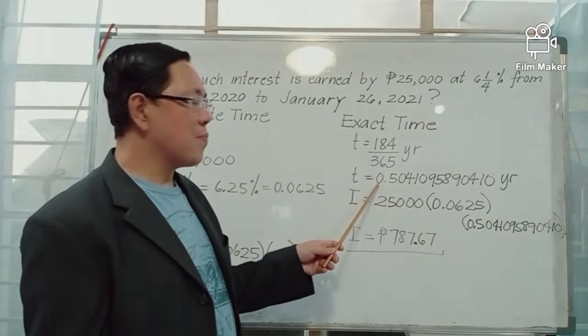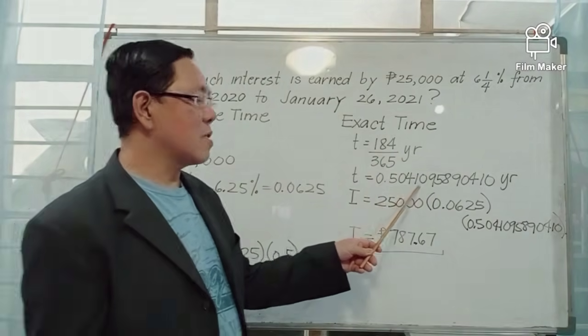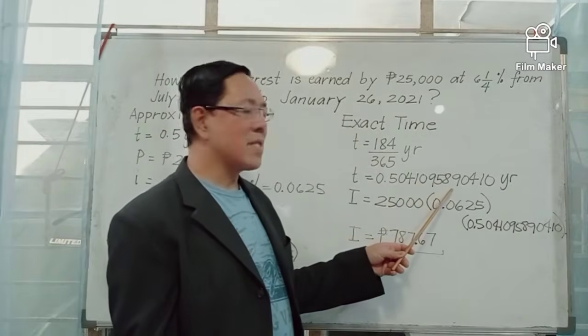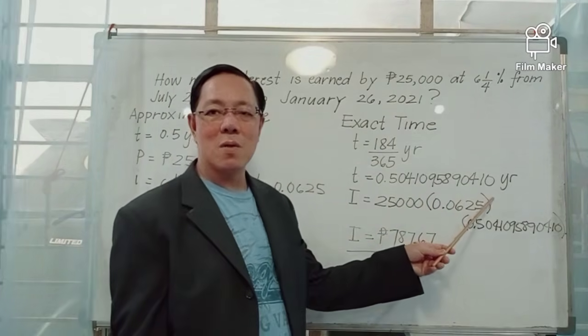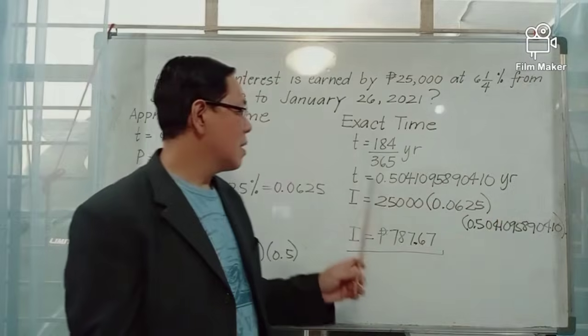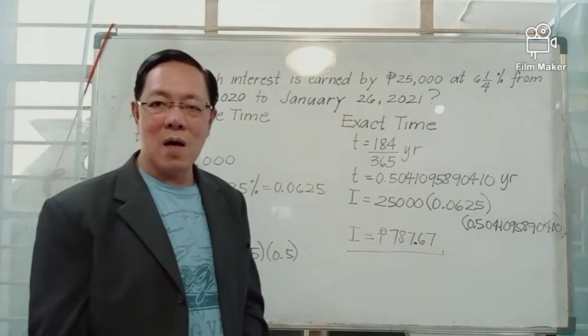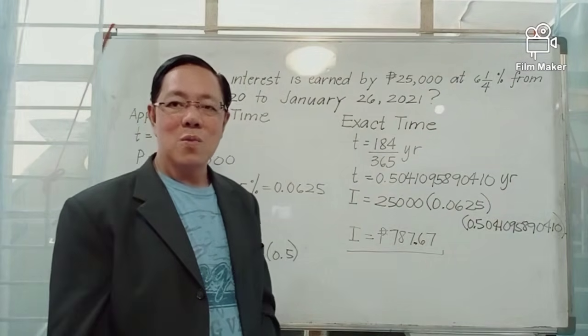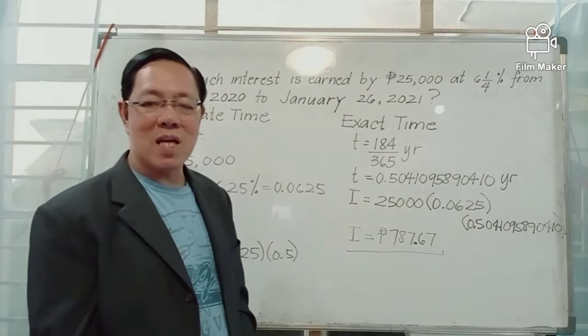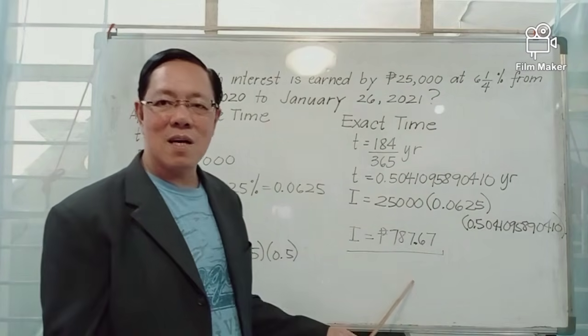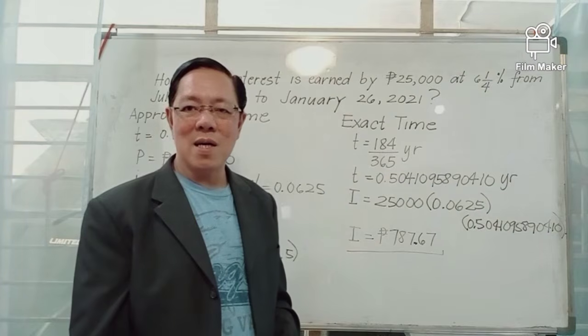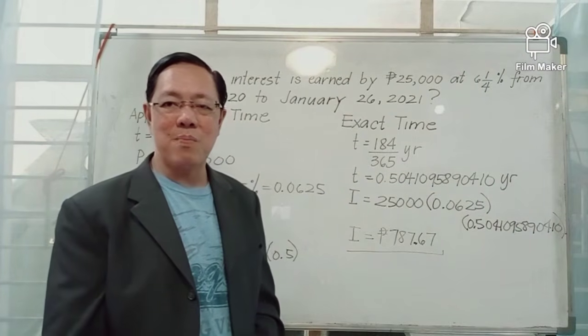You should get 0.50410958904 year. Again, we do not round this off yet. We will do the rounding off to 2 decimal places when we get the final answer for the exact amount of simple interest.